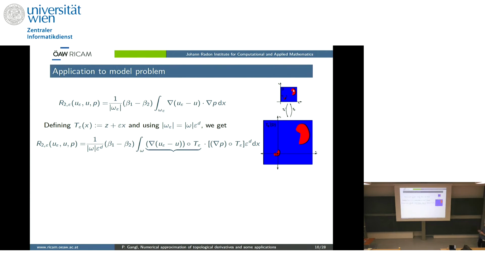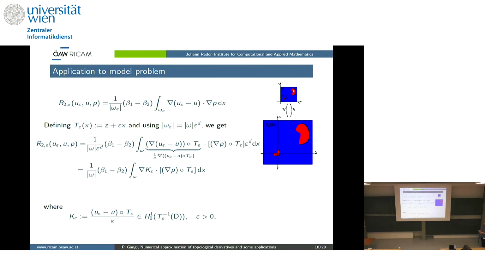And we divide everything by epsilon, meaning that the inclusion, which was an inclusion of size epsilon before, is now an inclusion of size 1, and the domain is blown up accordingly. If we do this change of variables, T epsilon here, we just get this. And then we do one more step, that is we apply the chain rule for this term, which gives us an additional 1 over epsilon.